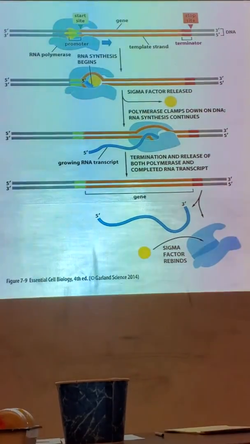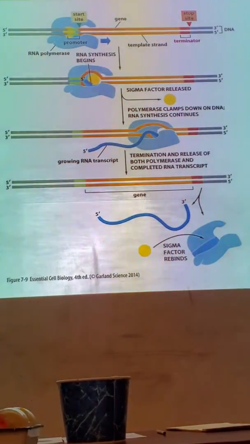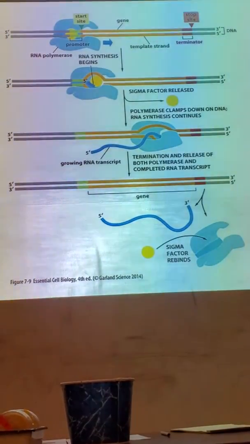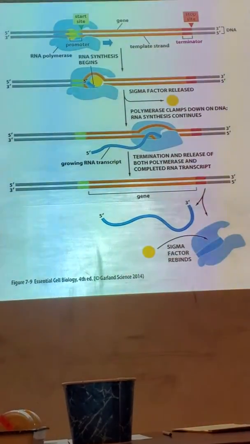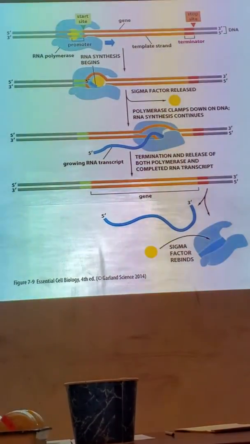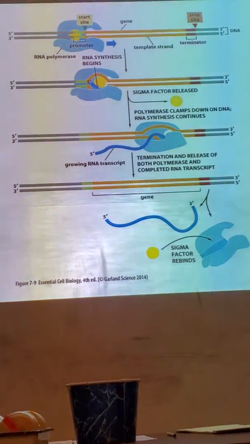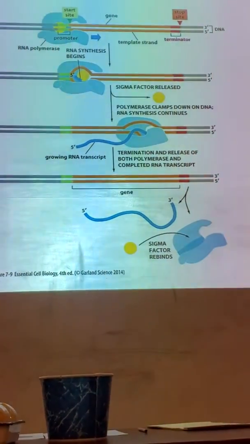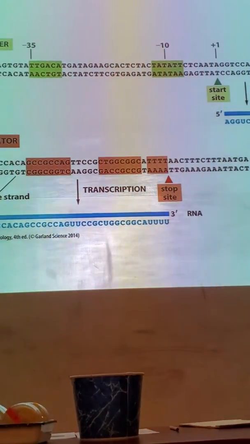So it's a nice way that a simple bacterium can have several different patterns of gene expression for a variety of conditions. Maybe starvation might be one, certainly high temperature, probably low temperature might be another one, a handful of different situations that the cell might encounter. And certainly viruses will always come in with their own sigma to try to lead the cellular RNA polymerase astray. Let's look closely at a promoter.